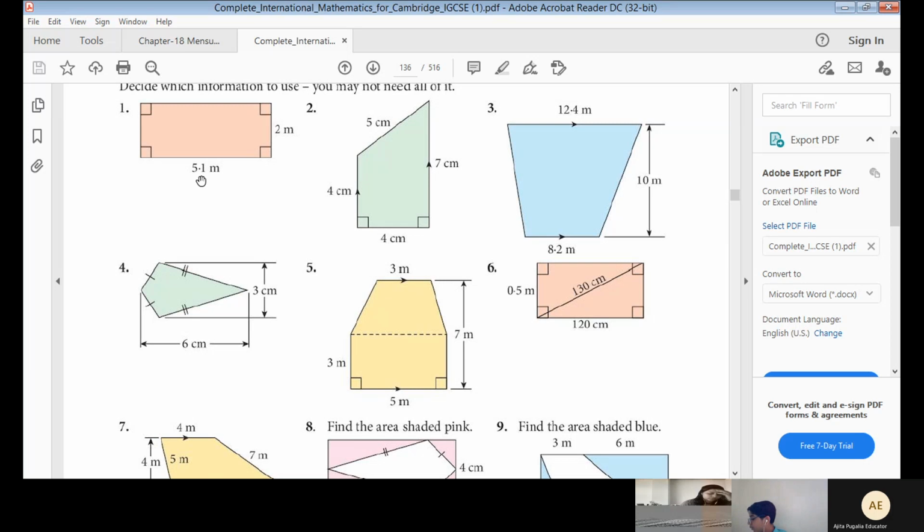Okay, A is 10.2 meters squared, B is 23.5 centimeters squared, C is 103 meters squared.